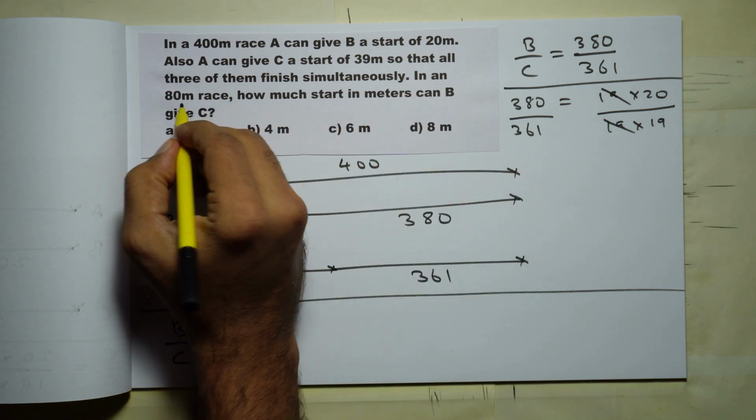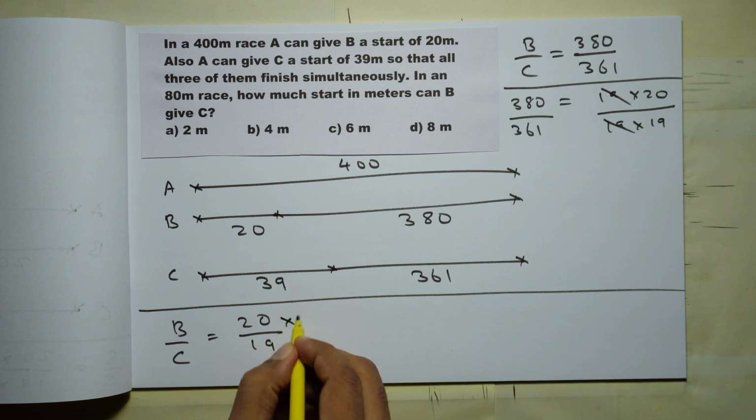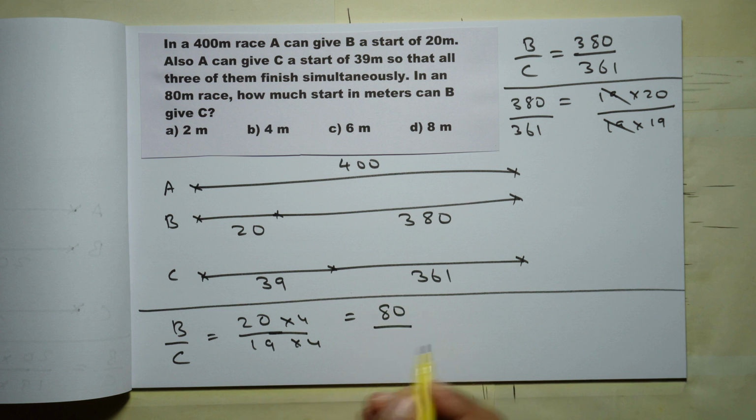Now the question is, in an 80-meter race, so we will find out the distance covered by C when B does 80 meters. If you multiply both values by 4, 20 into 4 will become 80, and 19 into 4 will be 76. So you can see when B does 80 meters, C will do only 76 meters.